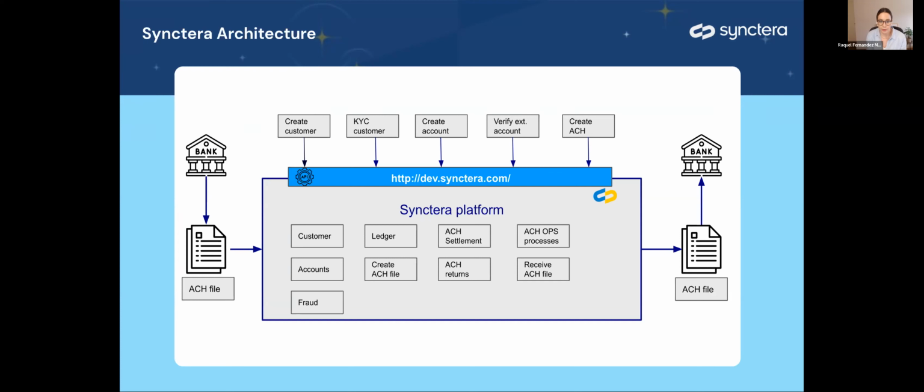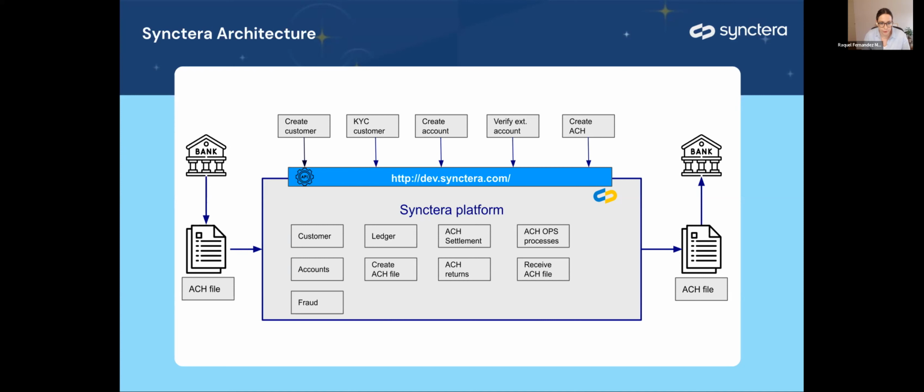So as a fintech, you integrate with those APIs, and the Synctera platform keeps, for example, the customer records, which can be modified. We have the accounts, and we manage the ledgering system, so all the payments are managed, and the accounting. We also do all the fraud checks behind the scenes, the real-time fraud we were talking about.